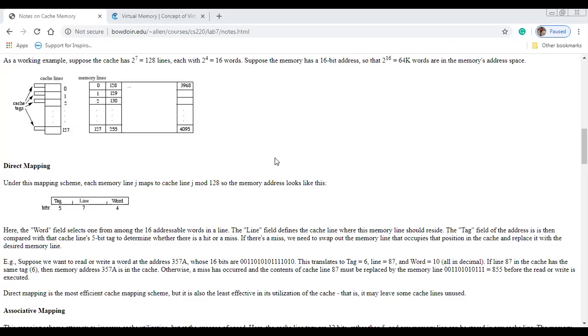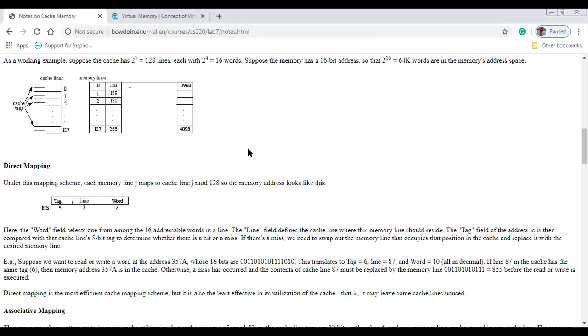That means a successful hit. If this is not there in the cache memory, then there is no data found in the cache, and we go to the main memory, get the data from the same location and copy it into the cache memory. Whatever data is there at location 87 in the main memory will be copied into the cache memory.